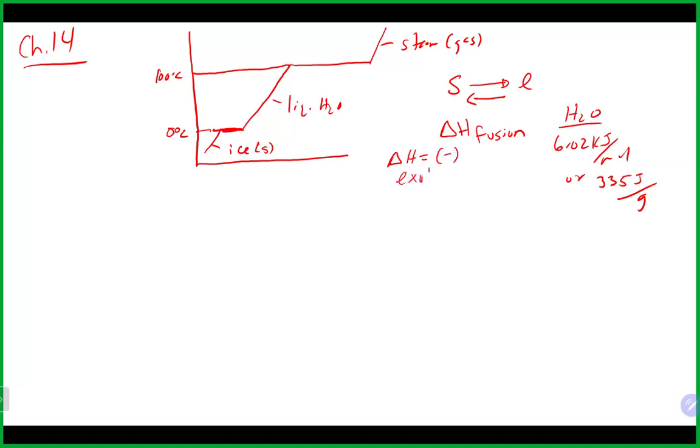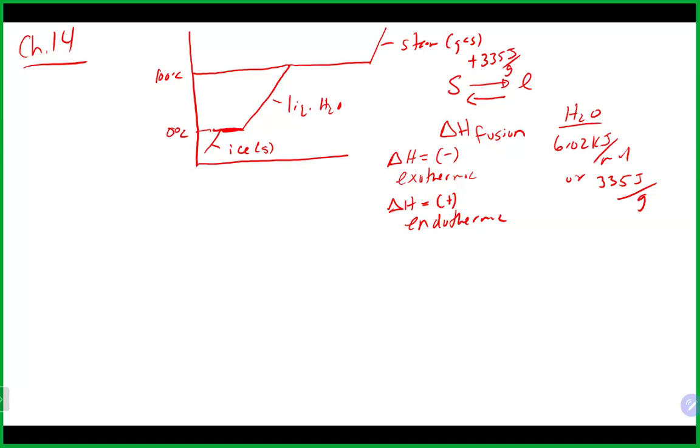If a delta H, or any energy value like Q, is positive, it will be an endothermic process. So going from solid to liquid is an endothermic process. You have to put energy in to melt your ice cube, and that would be positive 335 joules per gram.